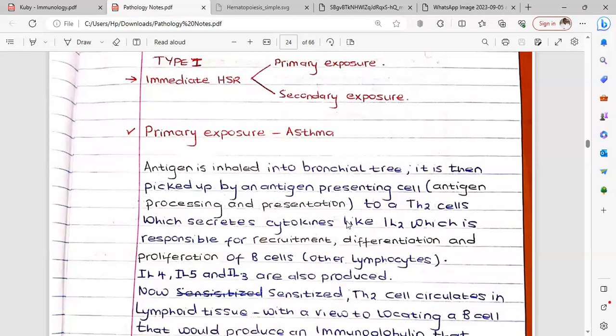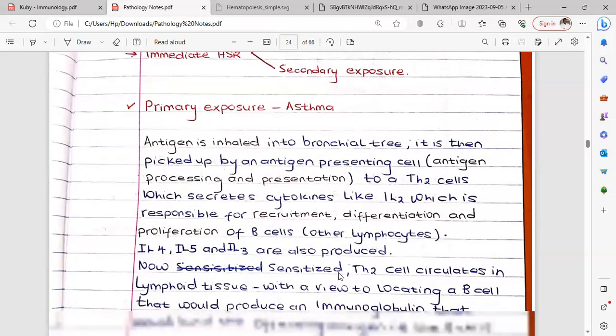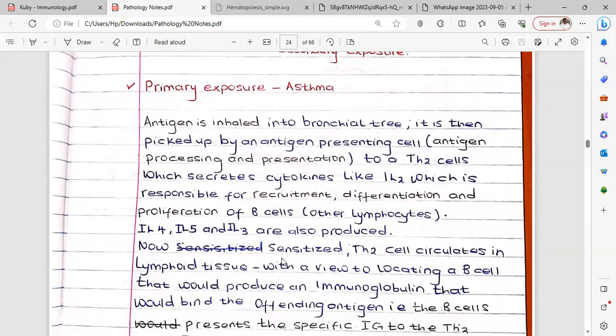They secrete cytokines such as interleukin 2 that are used for recruitment, differentiation and proliferation of the B cells and other lymphocytes. Other interleukins are also produced, such as interleukin 4, 5, and 3.